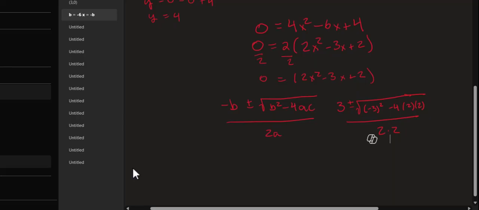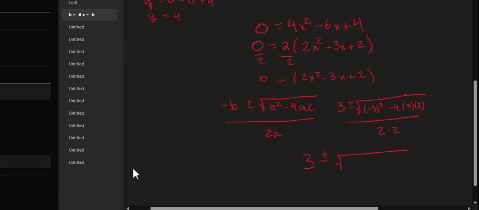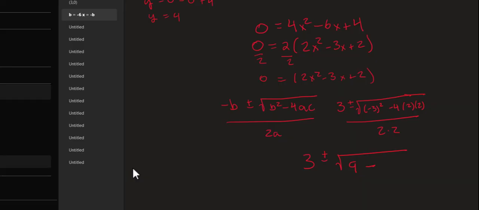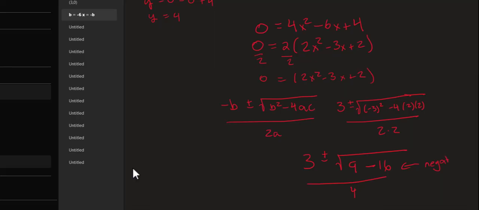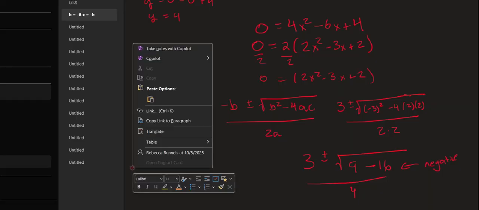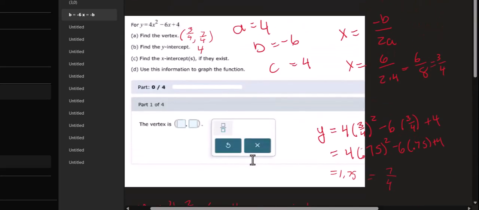And I can see here I'm not going to have any x-intercepts. 3 plus or minus the square root of 9 minus 4 times 2 times 2, which is 16. 9 minus 16 over 4, that's negative. Now, you can have imaginary roots, but you cannot have imaginary intercepts. So when this turns out to be imaginary, then you have no intercepts. So none.